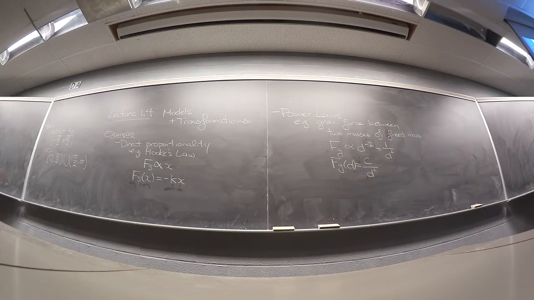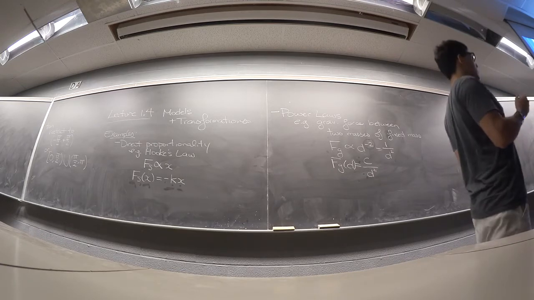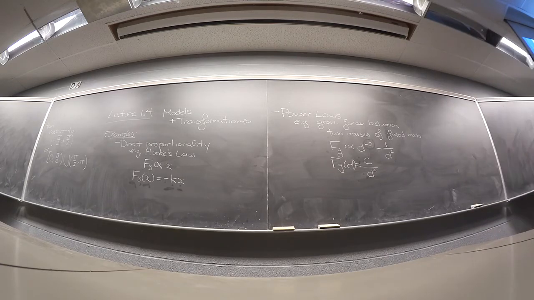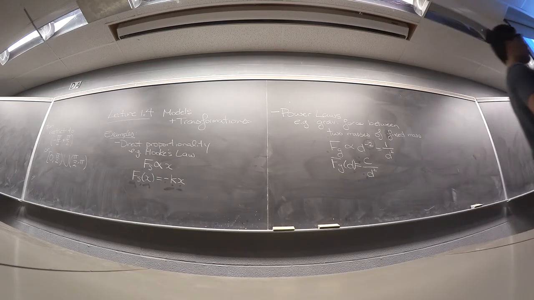Another bio example. Don't know how well you can see this. More power laws. Neurons are your nerve cells. They transmit signals through your body. The axon is the bit that does the transmitting. And the bigger the axon is, the faster the signals get transmitted. Conduction velocity, it should be speed, increases as the diameter of the axon increases.